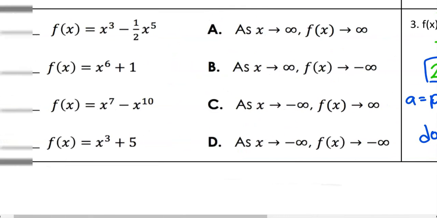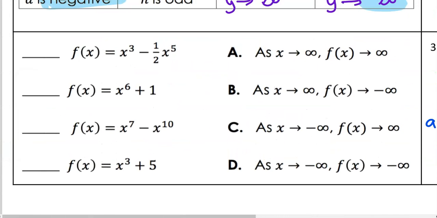All right, let's see if you and your partner can do some matching. Okay, so you have 3 functions. See if you can match them with their end behaviors. Which ones, where x goes positive, the y's also go positive. As x goes positive, y's go negative.